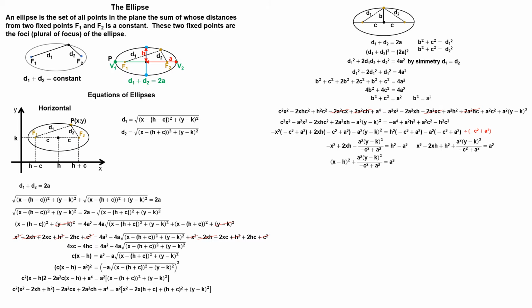We now go back to the equation of a horizontal ellipse. Finally, we obtain the general form for the equation of an ellipse.